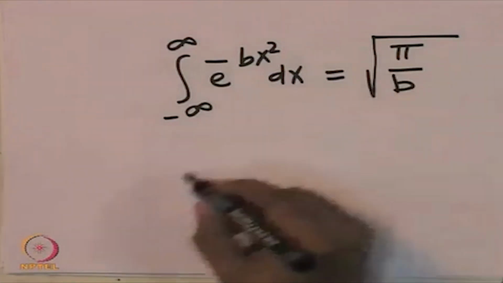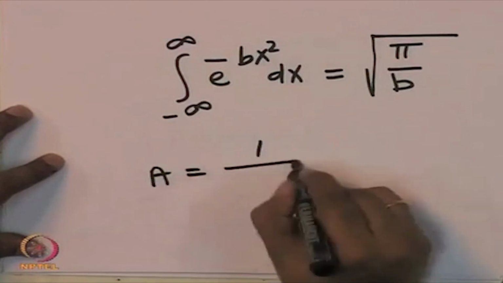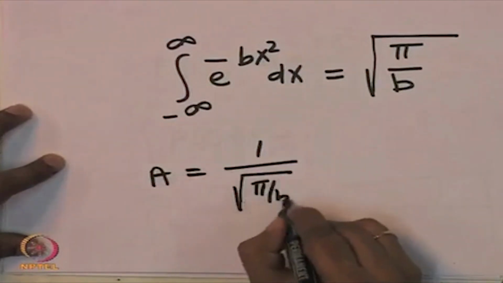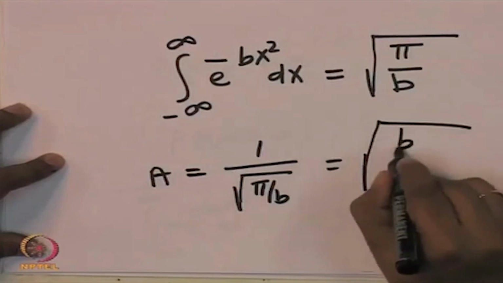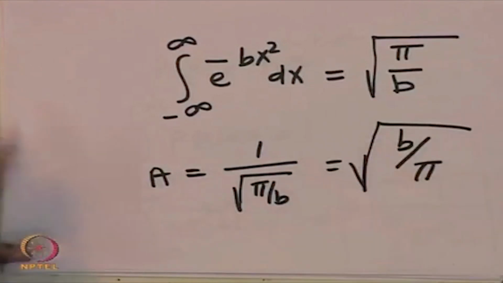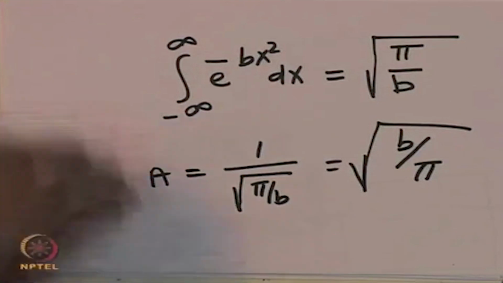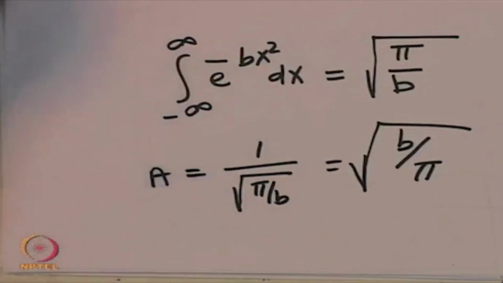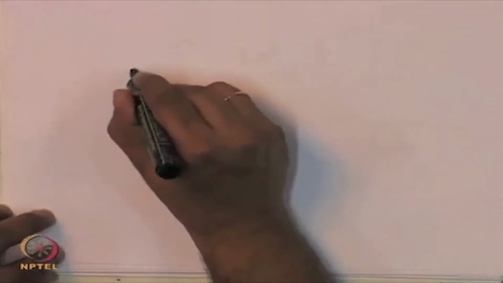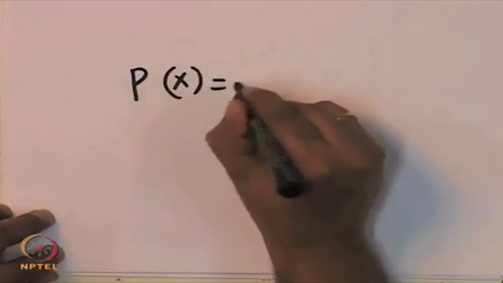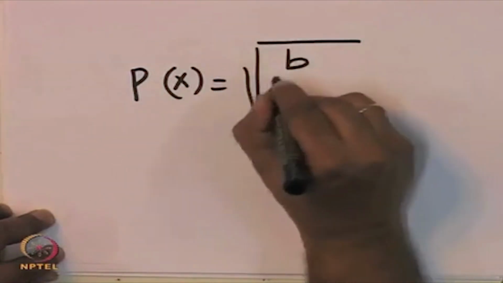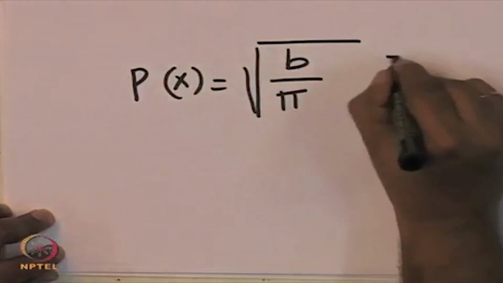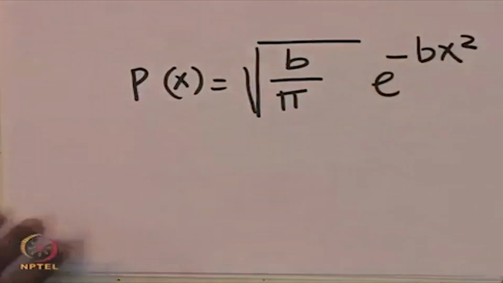If this is the answer, A is 1 over root of pi by b, which is root of b by pi. This is A. So, our probability distribution P of x can be written as P of x is equal to root of b by pi into e power minus b x square.